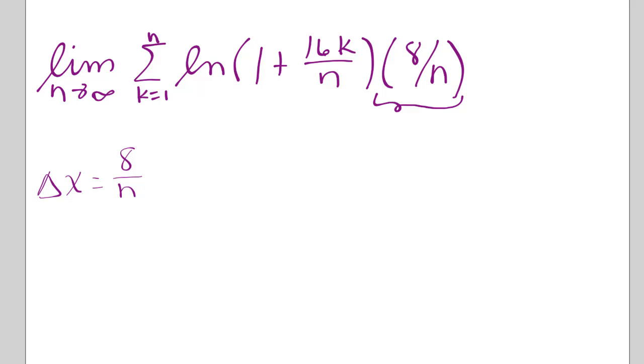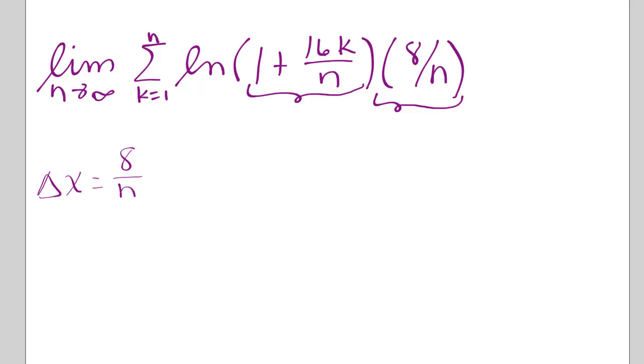Now we're going to take a look at the definition of delta x along with what may appear to be our x sub k. We can see that this thing is the natural log of something, and this is the something that we're talking about. It looks a little different, but let's go with the fact that A could be 1.